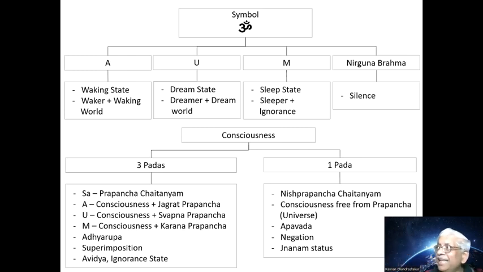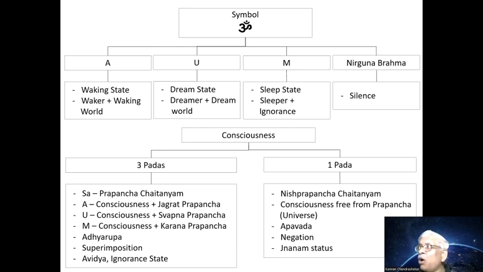These three states are called the ignorant state. See how bold is this Chandogya Upanishad. What is the last pada? The last pada is Nirguna Nishprapancha Chaitanya. Very important point. If you understand Nishprapancha Chaitanyam and Saprapancha Chaitanyam, you have understood the whole Chandogya and you can meditate.